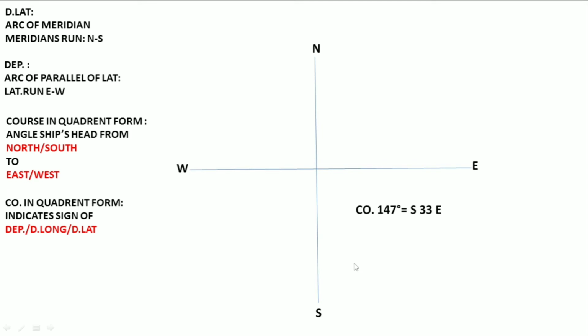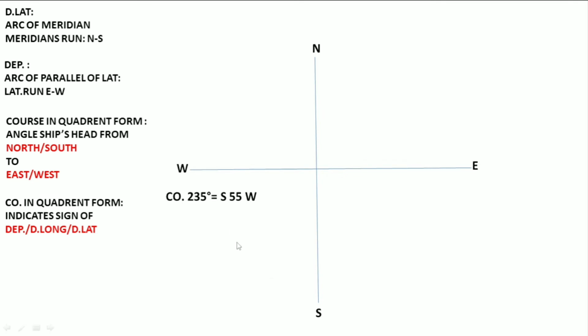Similarly, if the course has been given to me as 047, in quadrant form it is south 33 degrees east. My D.LAT south, my departure east, and as I said, course always measured from south towards east. Similarly here, course 235, quadrant form south 55 west.